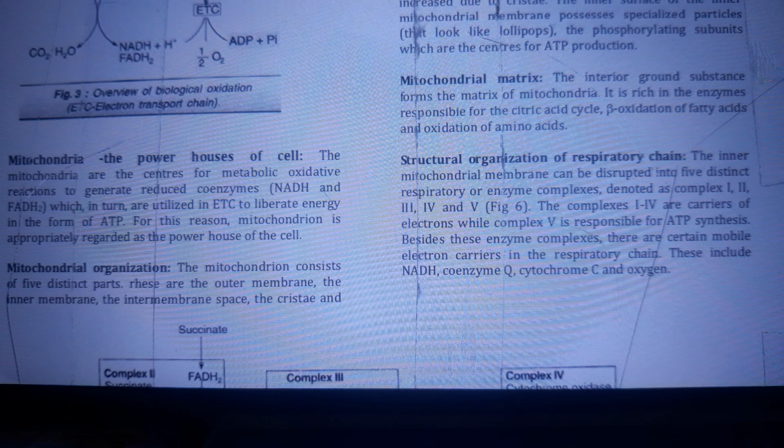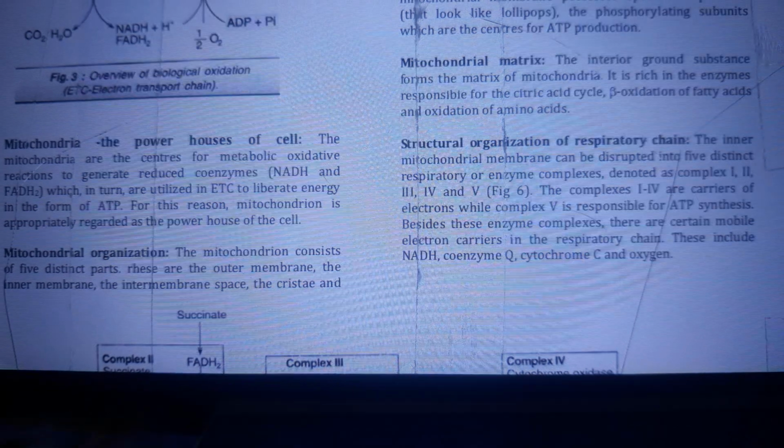It is impermeable to ions such as H+, potassium and sodium, and small molecules such as ADP and ATP. The membrane is highly folded to form cristae. The surface area of the inner mitochondrial membrane is greatly increased due to cristae.